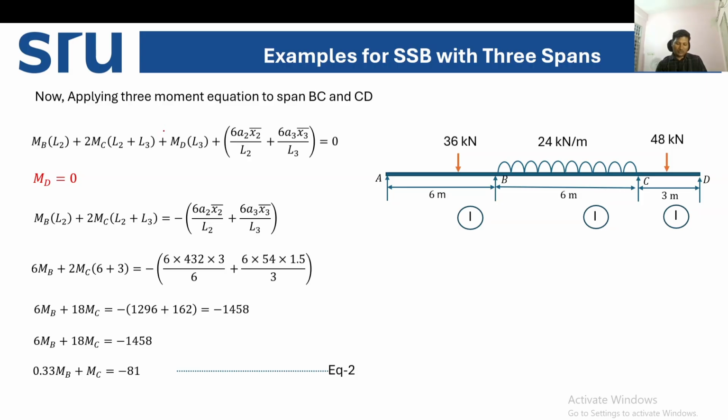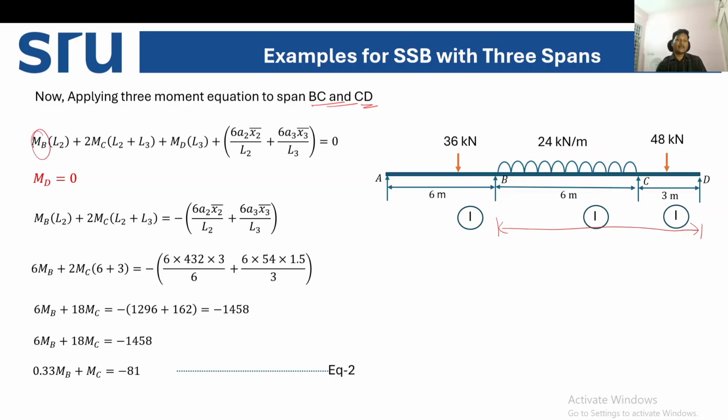Now we'll apply this equation for span BC and CD. So in that case, let us write the equation in a similar way, but we will look into the moments here. The first segment, which moment will come?